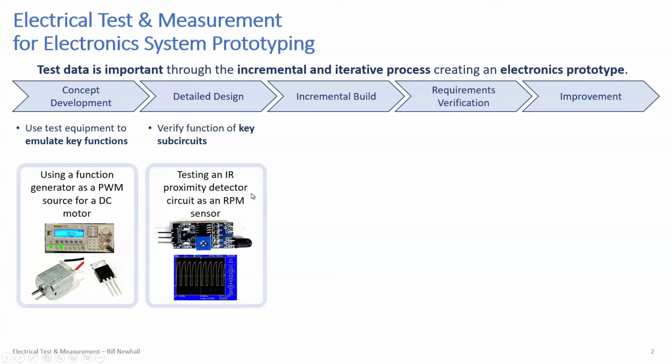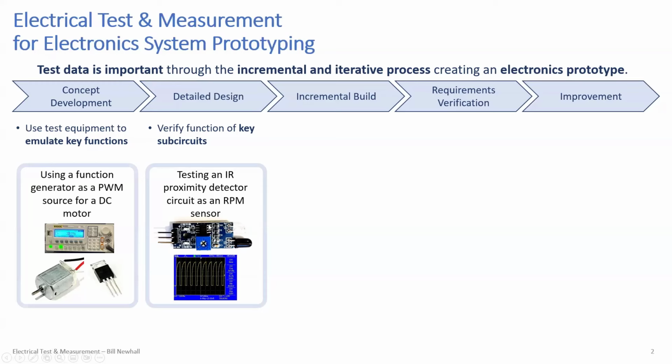Then you can move into detailed design and you can verify key functions of subcircuits. For example, you can take what is going to be your RPM sensor, your infrared emitter and detector, forming a proximity detector, and you can test it. You can check, well, does this really do what I need it to do? Can this be sensed by the microcontroller before I even have the microcontroller? You might have a motor with a spinning propeller and you want to see, will this work?